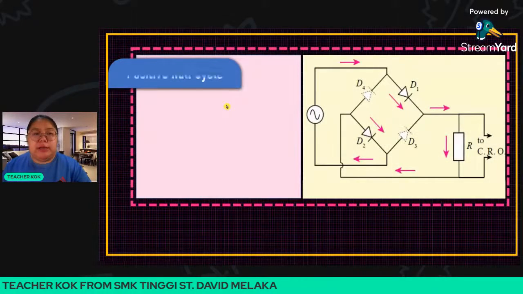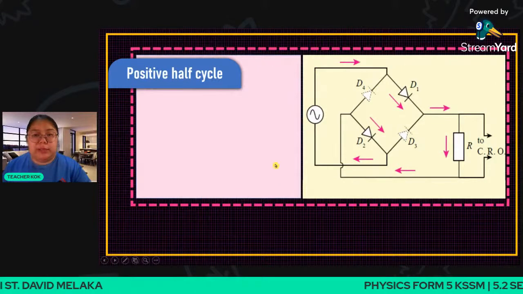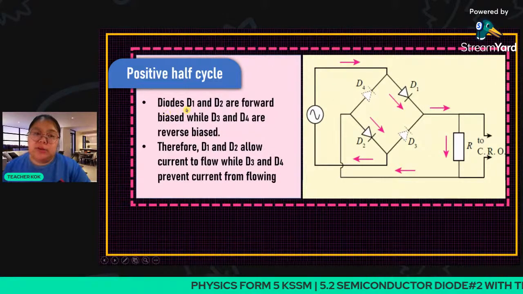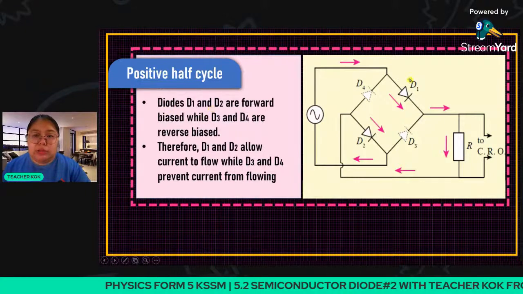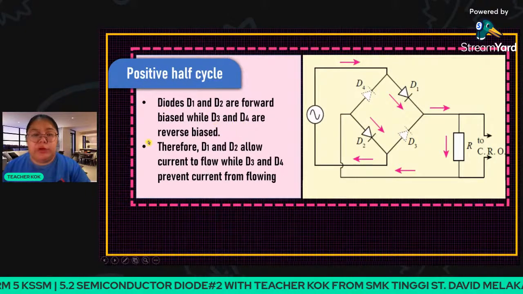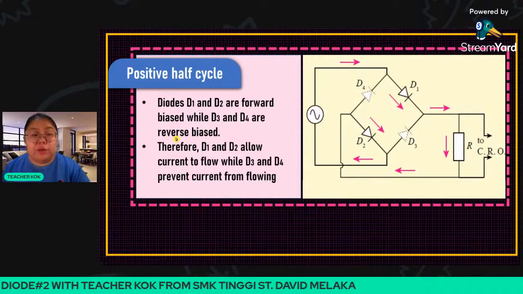Okay, so this one is a positive half cycle. We start from the positive at the top first. You can see the explanation. Diodes D1 and D2 are forward biased, and D3 and D4 are reverse. We never go through D3 and D4 because I want forward only.